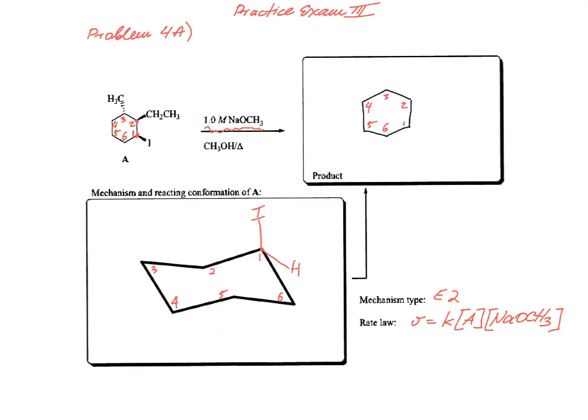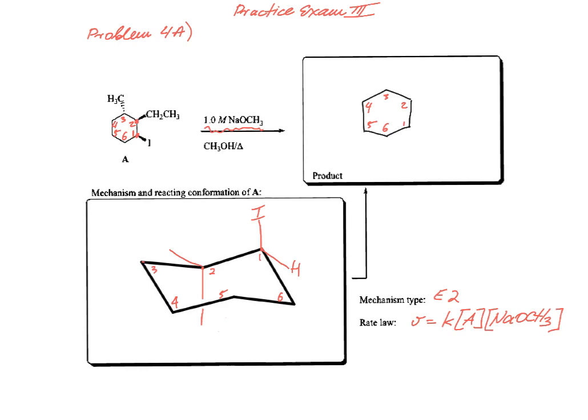Carbon number 2 has ethyl group pointing up and hydrogen pointing down. Carbon number 2 on the chair is pointing down, therefore its axial bond will be pointing down. Equatorial bond will be up and in the direction of bonds 3, 4 and 1, 6.